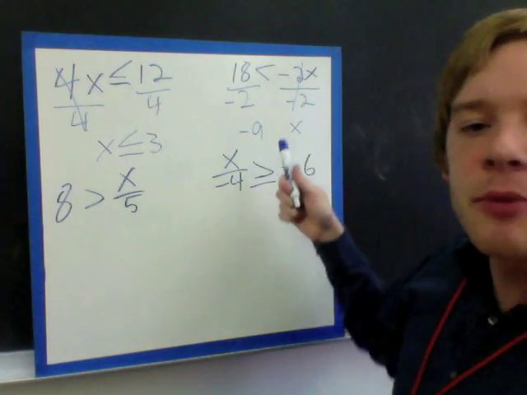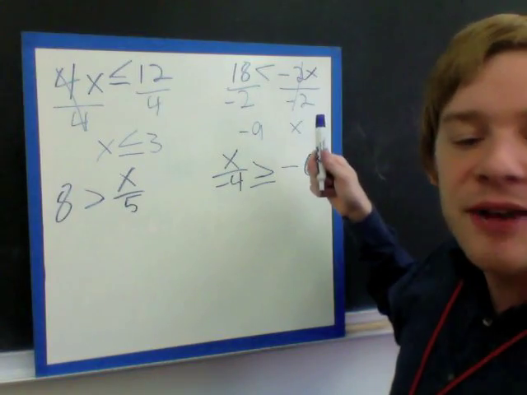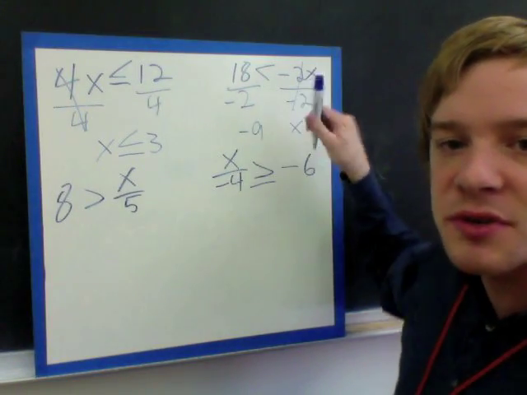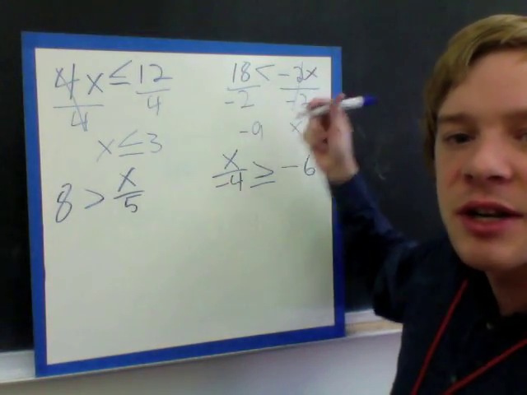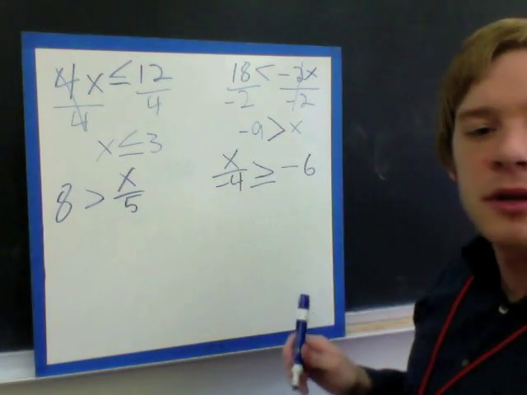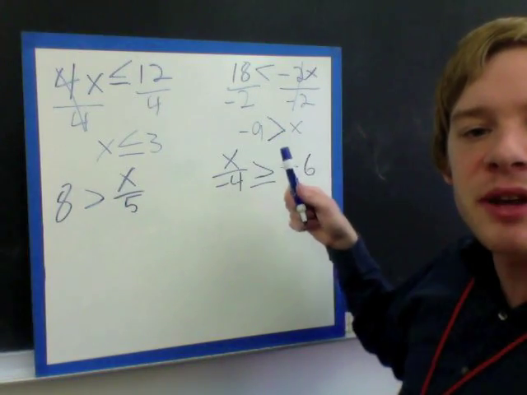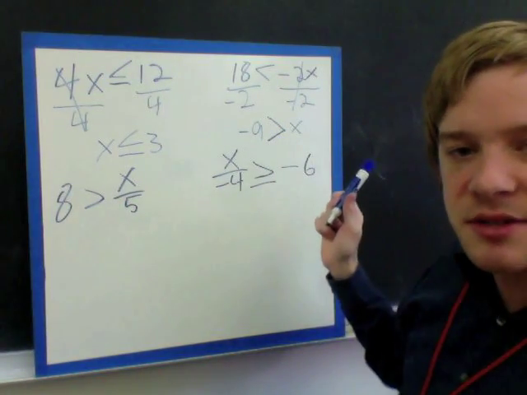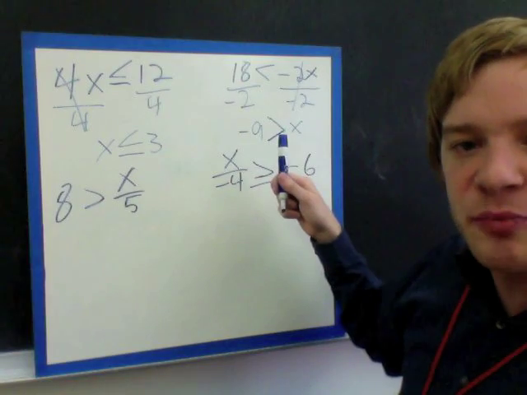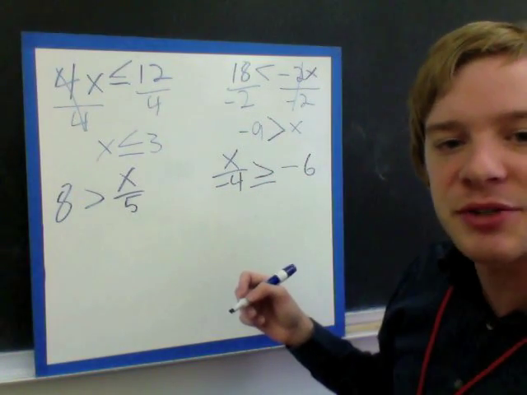But since I divided by a negative number, I now need to flip my sign the other direction. So instead of pointing to the left here, it needs to point to the right. And so what we get is negative 9 is greater than x. Because now, since I divided by a negative number, my sign is pointing in the other direction.